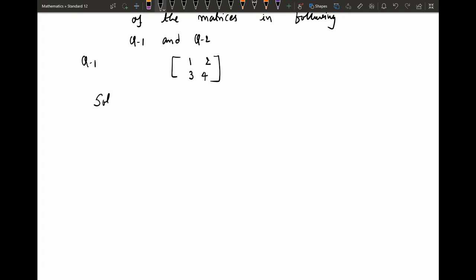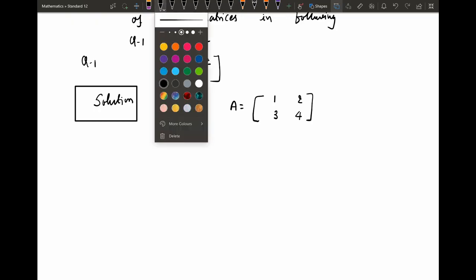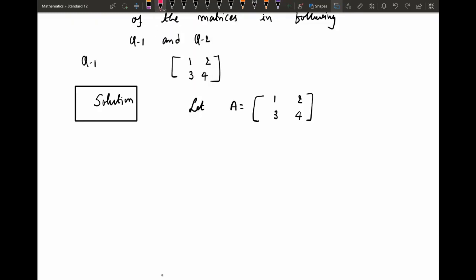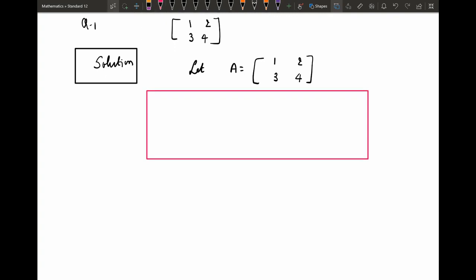Solution. Let us denote the given 2 by 2 matrix by A. So let A equal to 1, 2, 3, 4. Now first we discuss the shortcut to find adjoint A in the case of a 2 by 2 matrix.